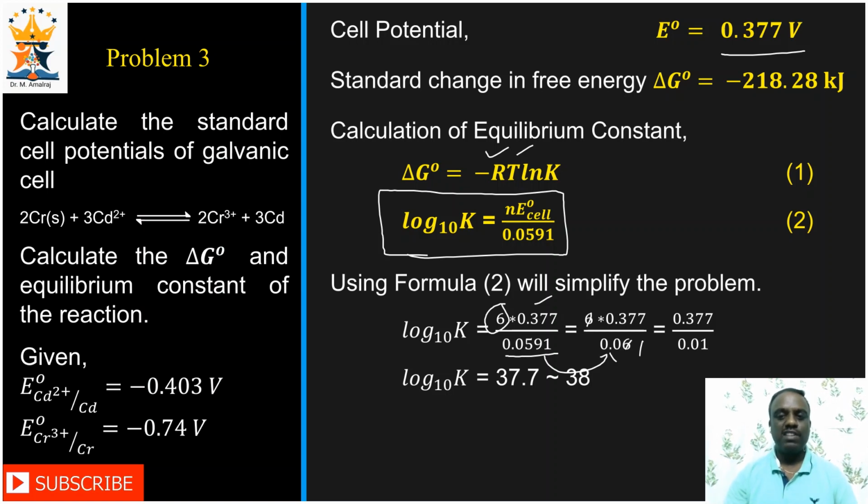If a logarithmic table is not provided, making it a whole number always has an advantage. See, K is equal to antilog of 38, that is nothing but 10 to the power 38. To solve electrochemistry problems, we must have knowledge in solving logarithm-based problems.